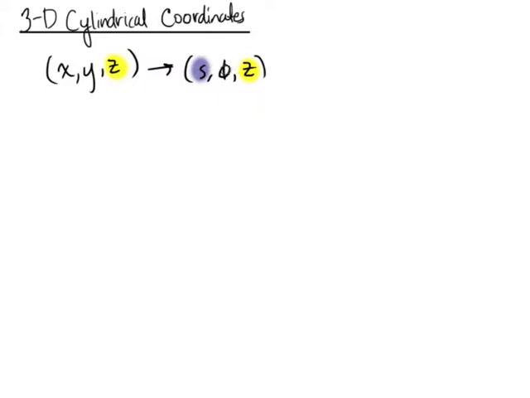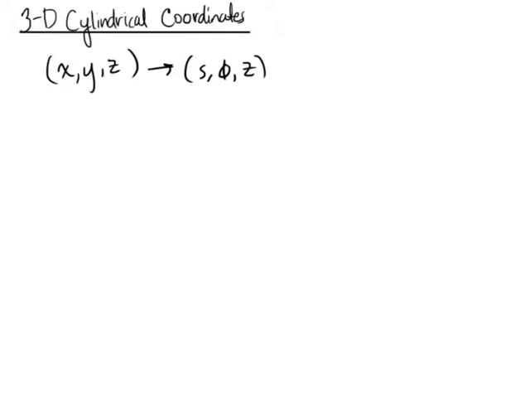I'd like to think of the 3D cylindrical system as two-dimensional polar plus the z from the Cartesian three-dimensional system. So these should be familiar. S, phi, and z's. We have s and phi from our two-dimensional polar system and z from our three-dimensional Cartesian system. Okay.